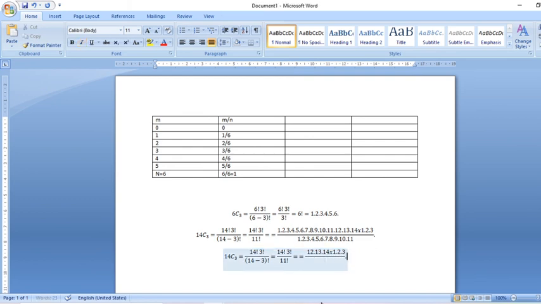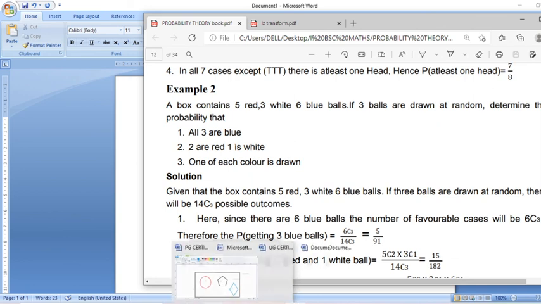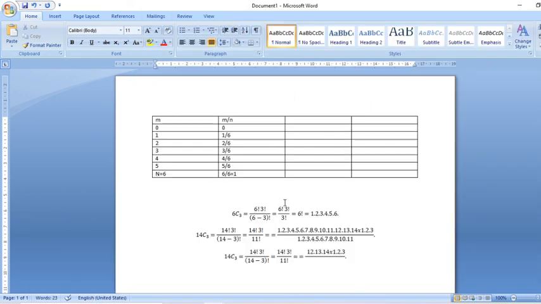Using this way you can compute, the value will be 5 by 91. Please verify that. Sorry, one minute.